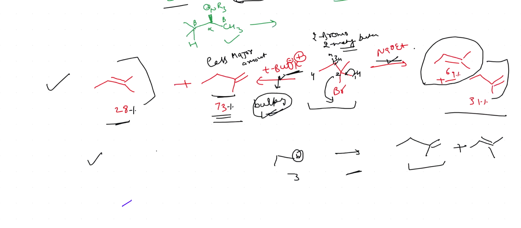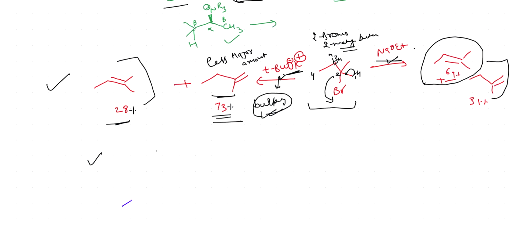Let me draw this example again. H, Br, CH3. This is your alpha carbon, and here is also an alpha carbon.